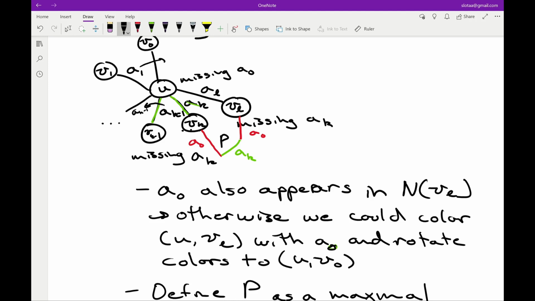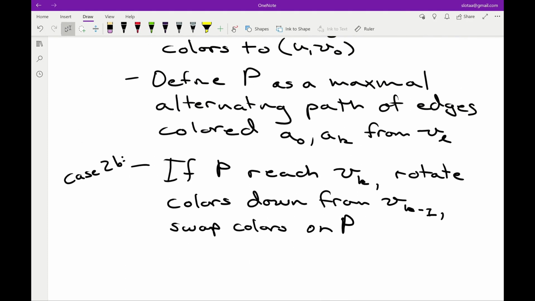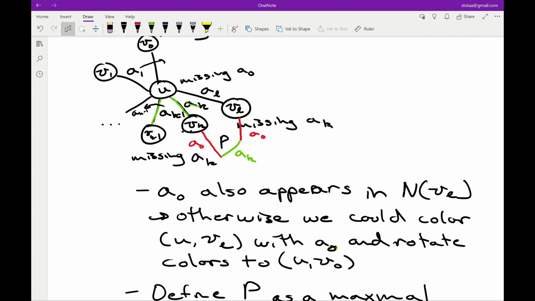And so what do we have? Now, as we saw, we rotate colors down from V K minus 1, then swap our colors on P. So what does that give us? Essentially, we now have A K, A naught, A K, and effectively now instead of having this A naught over here, we can just color that as A naught.